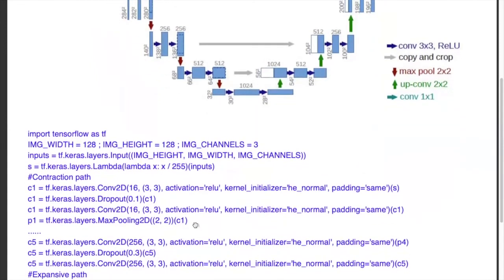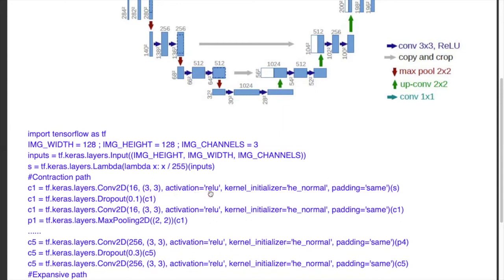A typical code for UNet would look like this. You basically do the preprocessing of your input, whatever you have to do, and change it to the floating domain. Then for the contraction path, the downsampling path, you have your typical 2D convolution layers. We have 16 features or 16 filters, convolving using a kernel size of 3 by 3.